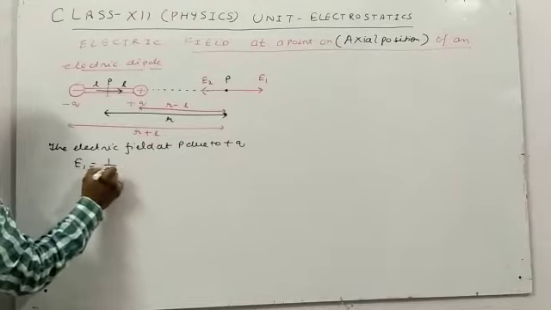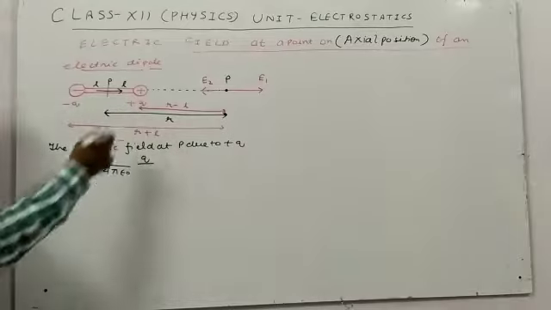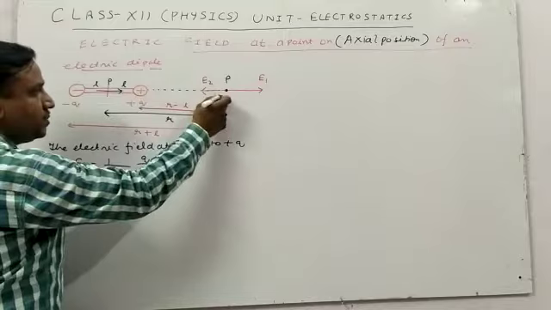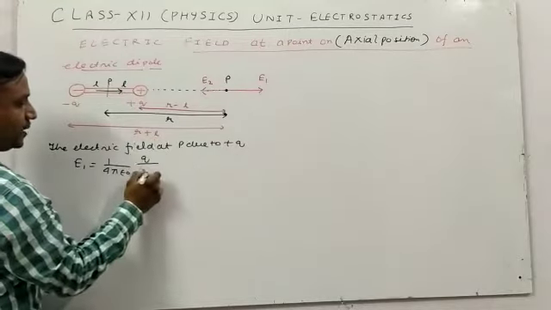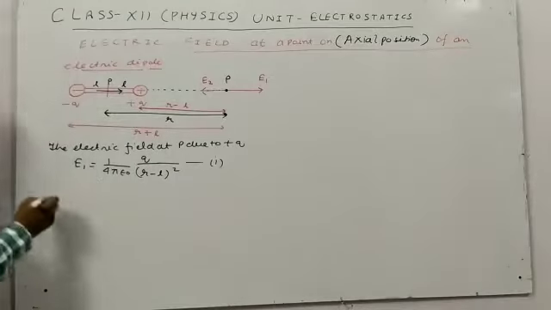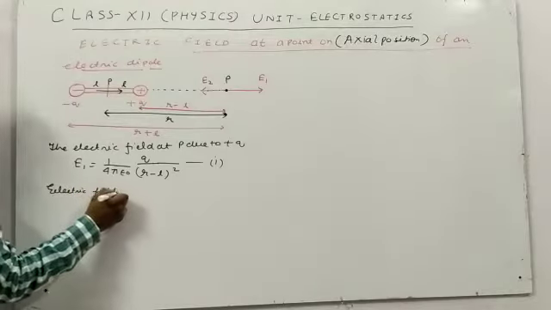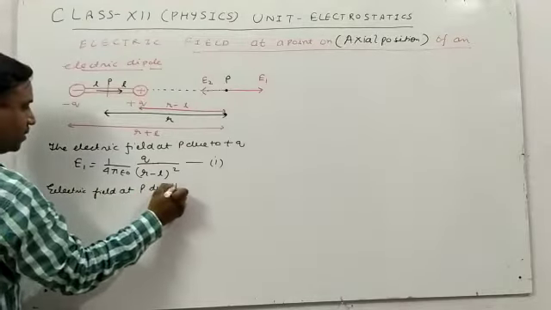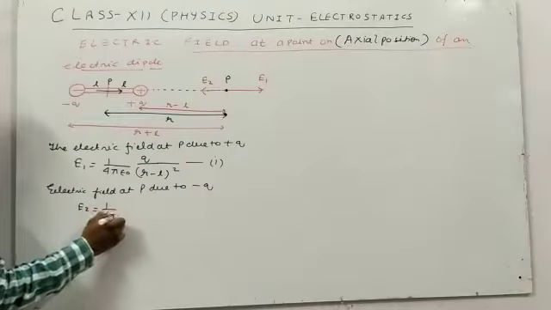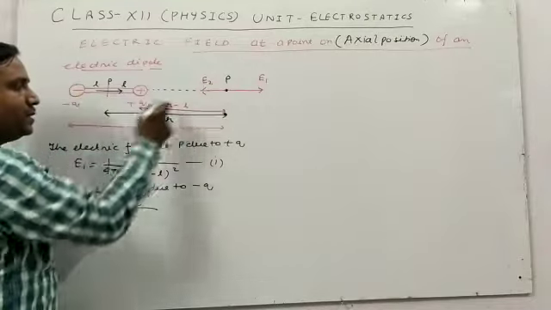E1 equals 1 upon 4 pi epsilon 0 times charge Q upon the distance between positive charge and P, which is r minus L, whole square. This is equation 1. And the electric field at P due to minus Q, E2, is 1 upon 4 pi epsilon 0 Q upon the total distance between the negative charge and P, which is r plus L, whole square. This is equation 2.